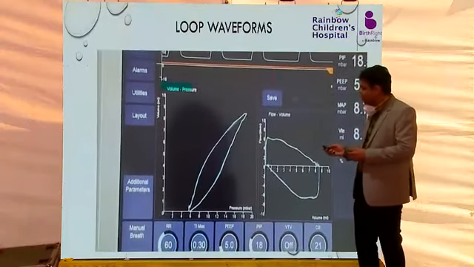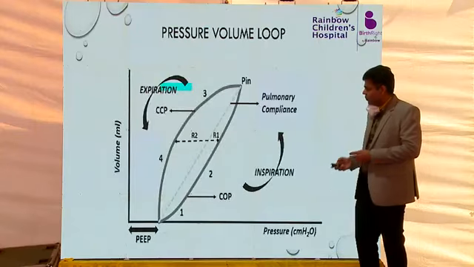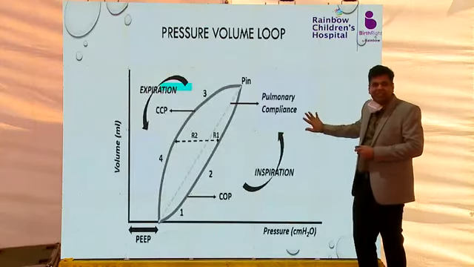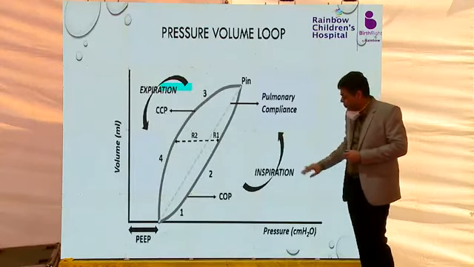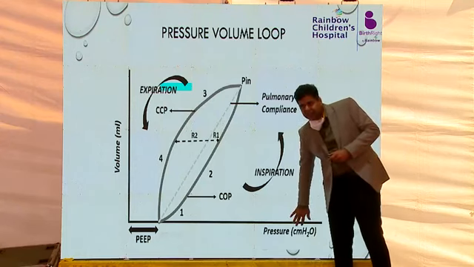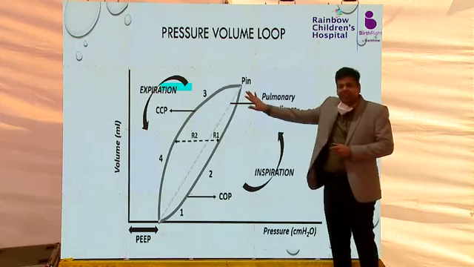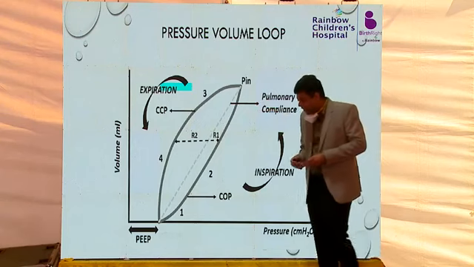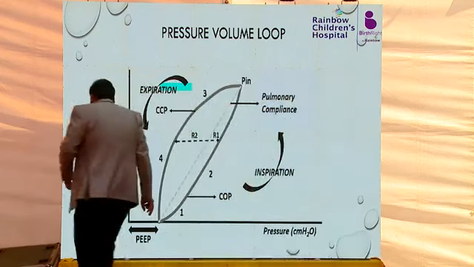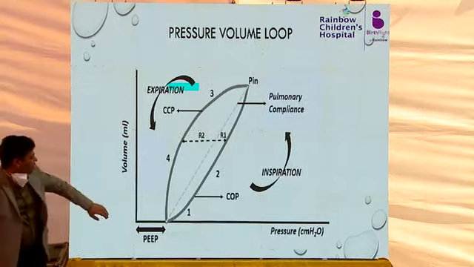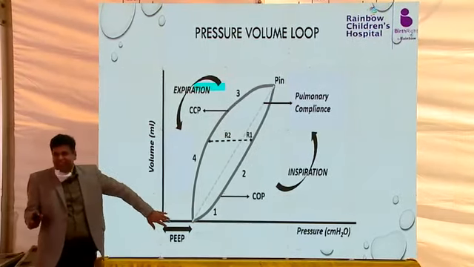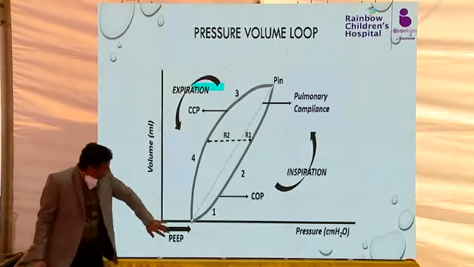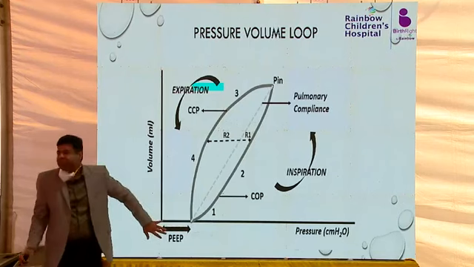We are going to discuss the pressure-volume loop. On the x-axis is the pressure, on the y-axis is the volume. When the breath starts, actually it's difficult without a pointer. When the breath starts, it doesn't start from zero pressure.